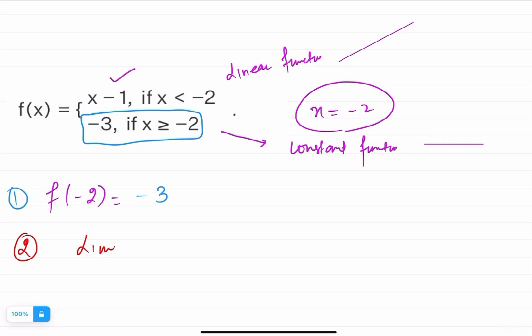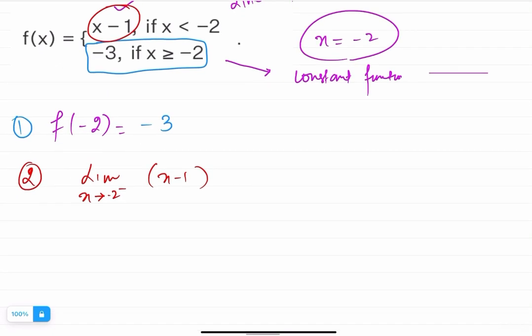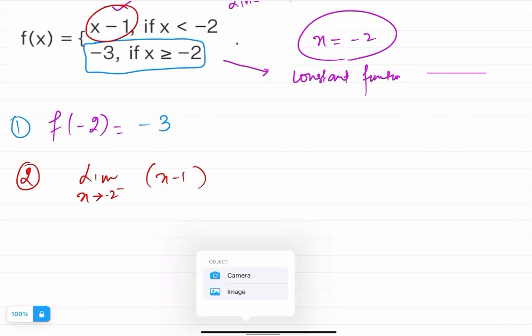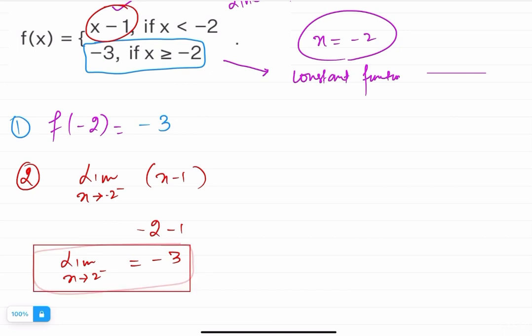For x lesser than -2, we will take this piece, that is x minus 1. So if we evaluate the limit here, we will put x as -2. So its limit will be -3. We will have to check the limit when x is approaching -2 from the positive side, that is, greater than -2.